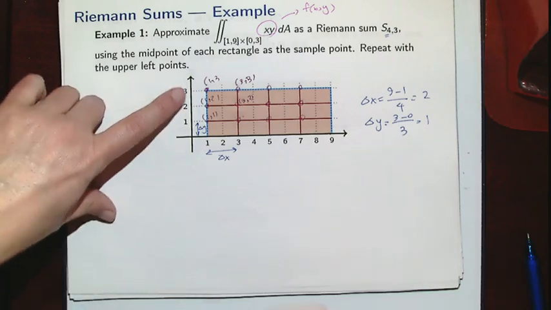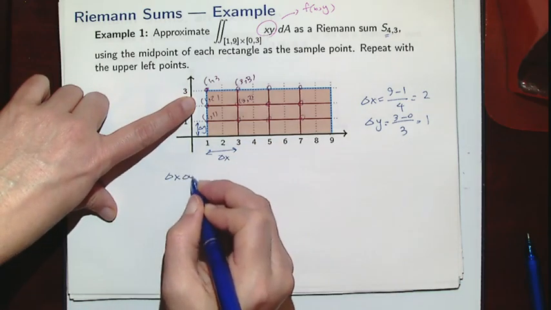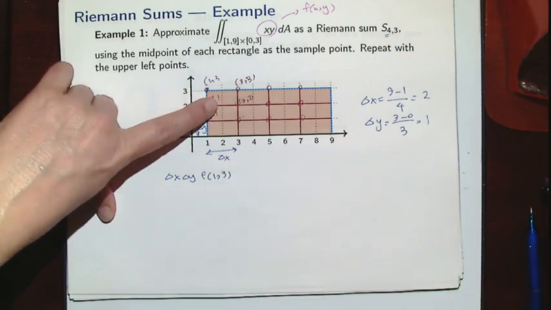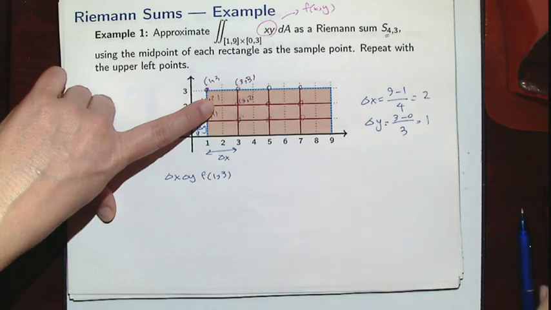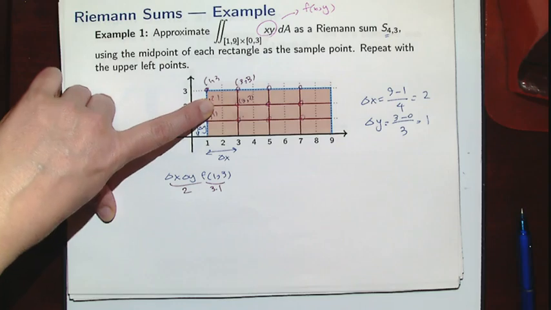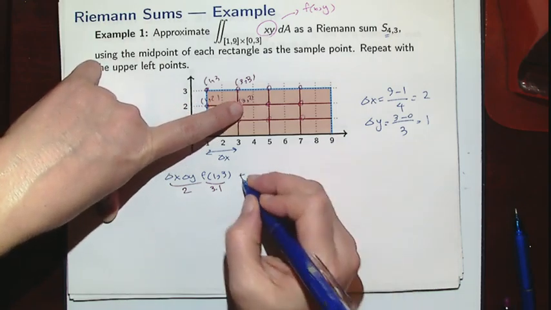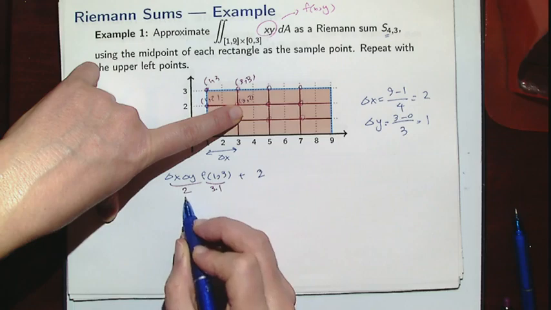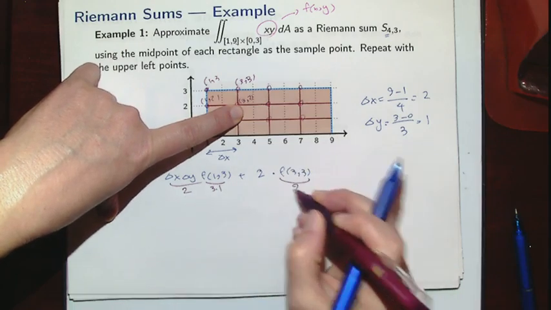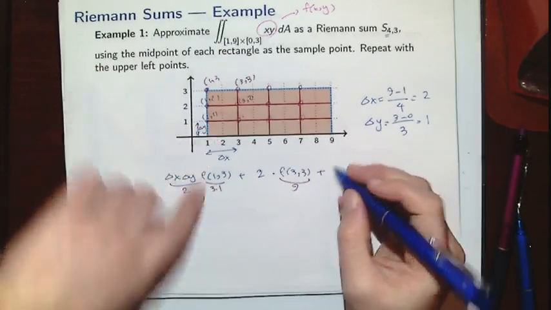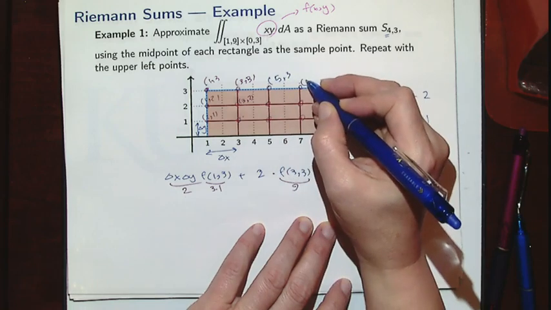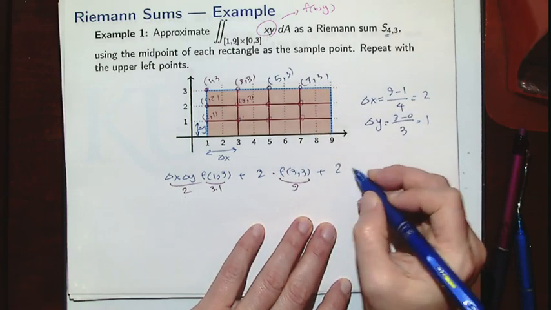So for example, when I'm doing delta x, delta y, f of 1 and 3, right, for the first one. F of 1 and 3 is what? 3 times 1. And delta x, delta y, I know is 2. Then I come, let's go over there. Then plus, again, 2 for delta x, delta y, f of 3 and 3, which is 9. And then again, 2 times here is 5 and 3. This one is 7 and 3. So 5 and 3 is what, 15?